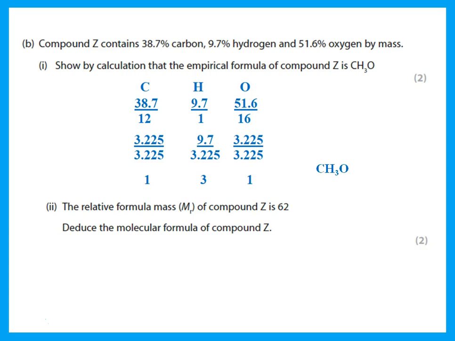So the first thing I do is I get the MR of what I have, MR of CH3O. The MR of CH3O is 31. Now he's telling me it shouldn't be 31, it should be 62. 62 is twice 31, so my actual molecular formula is twice of what I got there. So it is C2H6O2.